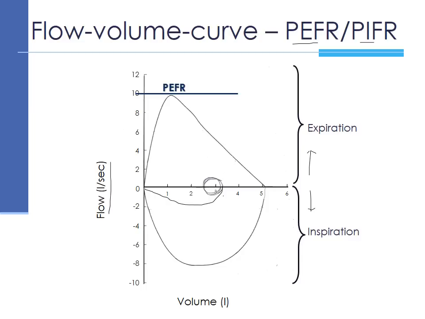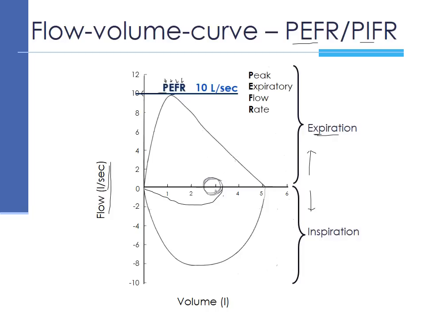So if we make a line through the very top of the expiration curve, that is our peak expiratory flow rate, our PEFR, which makes sense because this is at the peak of the expiration curve. And because we are reading this value off of the y-axis, the unit for this value will be in liters per second. So the peak expiratory flow rate of this curve is 10 liters per second. Very important to remember the units.